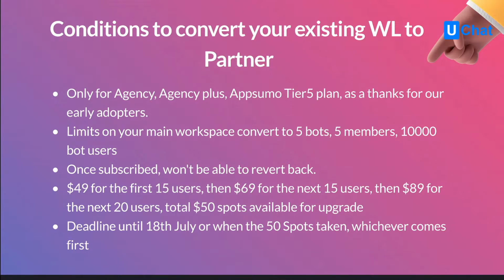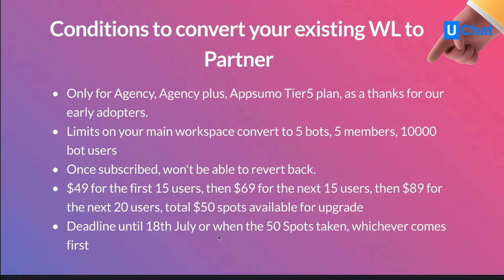In total 50 spots are available for the upgrade. Okay, that is for our existing white label users. And that is the deadline. The deadline is the 18th of July. Either all these 50 spots are taken before that, or we discontinue this offer on the 18th of July. Okay, whichever comes first.